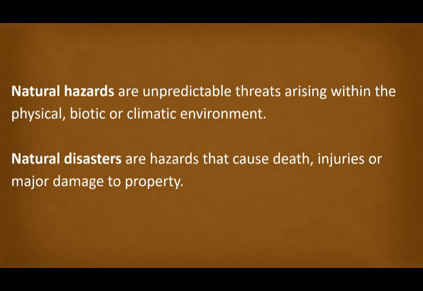But a disaster is when it actually happens and causes damages of some sort. So that's the difference between natural hazards and natural disasters. All right, so let's just break it down as simply as possible. Natural hazards are threats. Natural disasters cause damages or even death. All right, so that's the difference between the two.